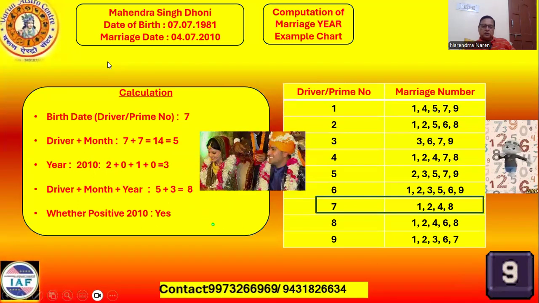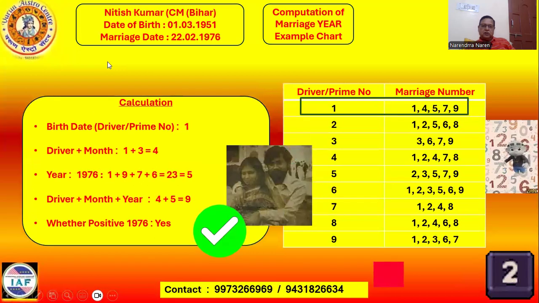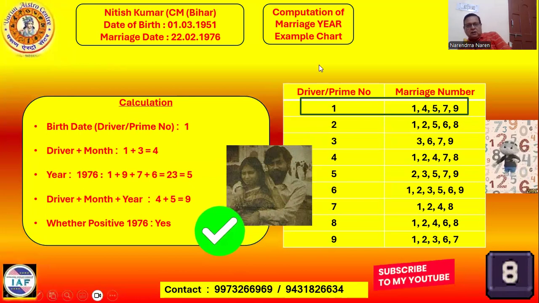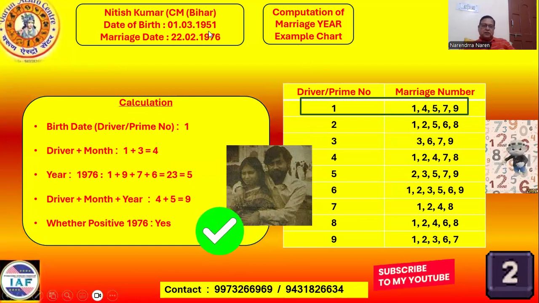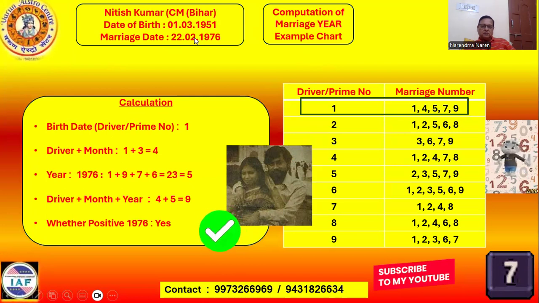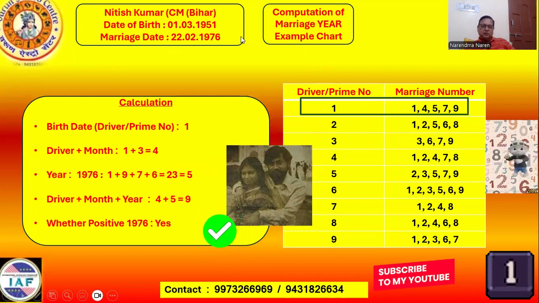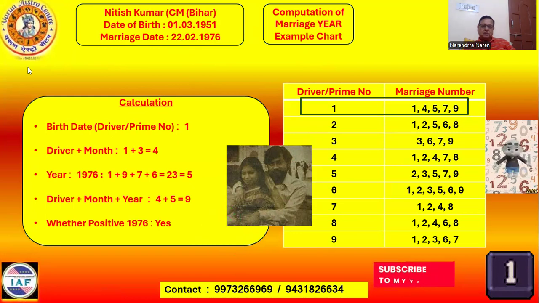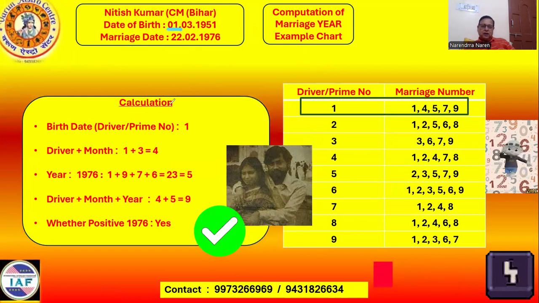The next chart relates to Nitish Kumar, Chief Minister of Bihar. The birth date is 1st March 1951, married on 22nd February 1976. When we add together this birth date, we are getting 1 here. When we add this plus this, we are getting 4 here.